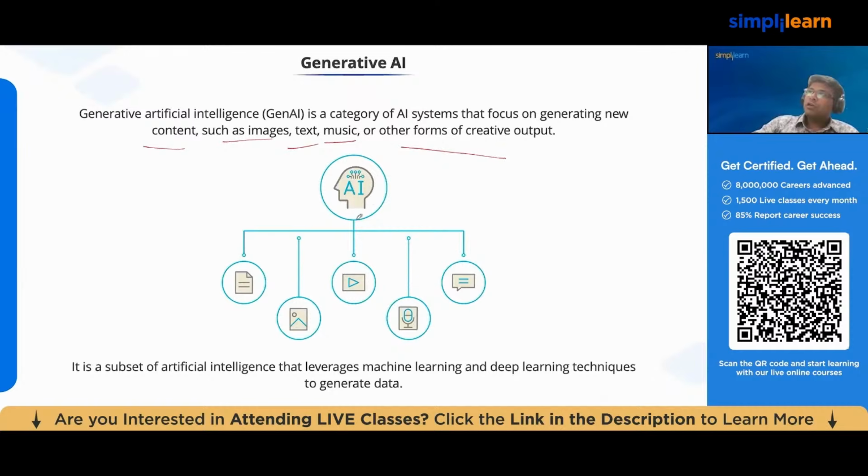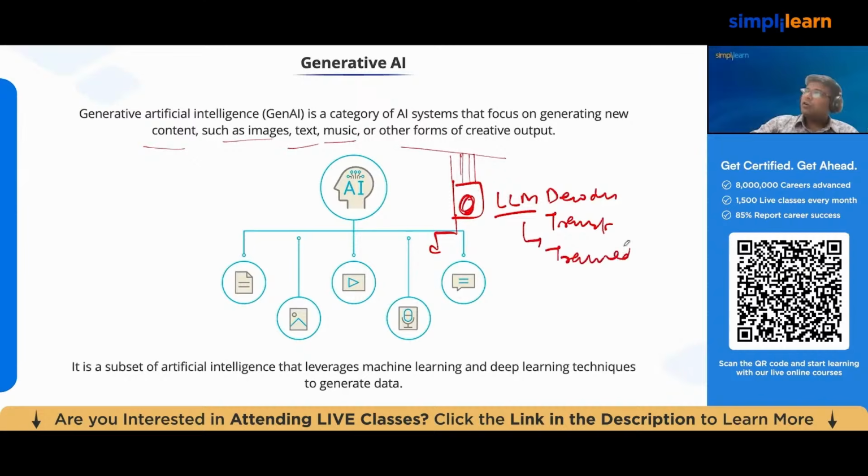Now, in terms of this, this is your LLM. I will call it a decoder model, a transformer model. This is the architecture where you feed some input and it generates some output. This LLM is trained on a lot of data.